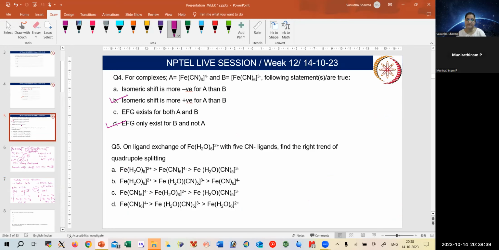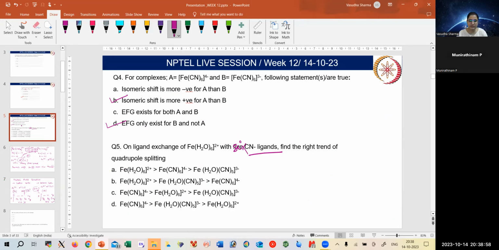and not A. So now try question number 5, which is on ligand exchange, we have iron aqua 2+ with 6 CN ligands. Find the right trend of quadrupole splitting. Here also we have to see the EFG.